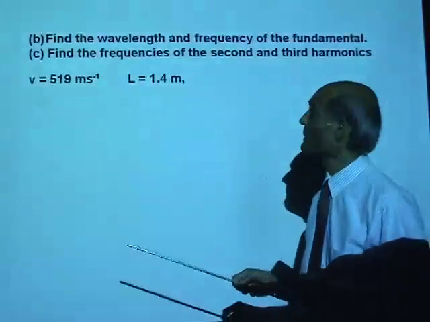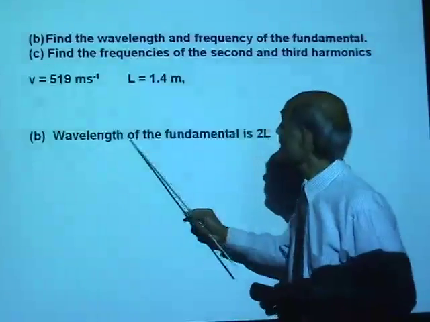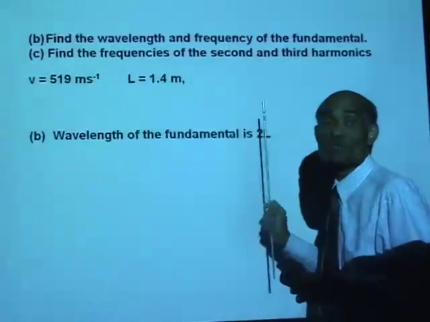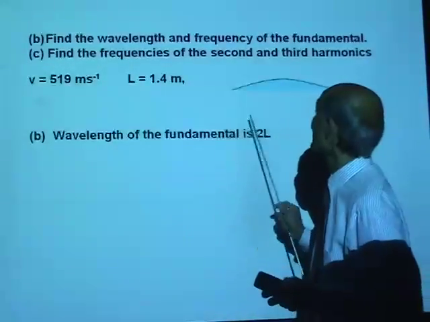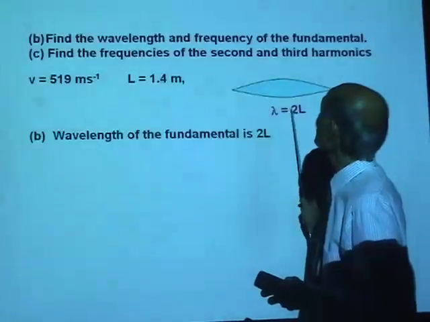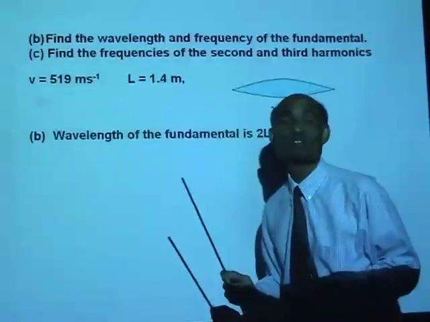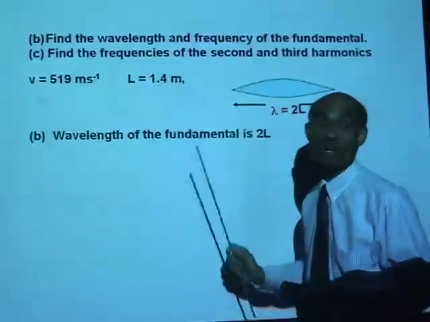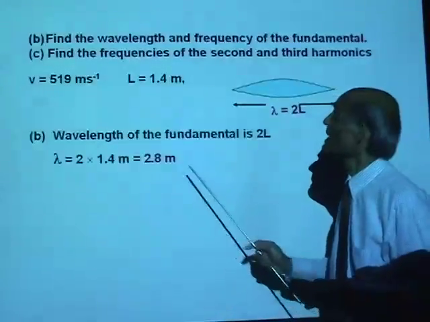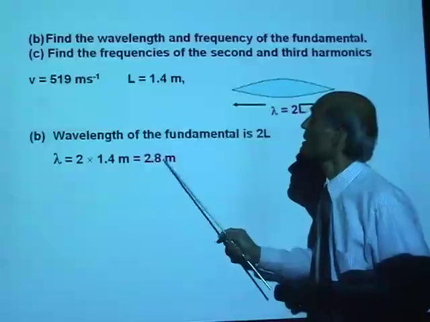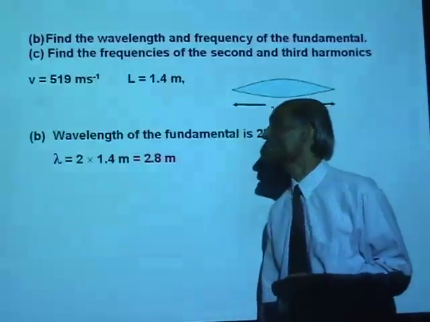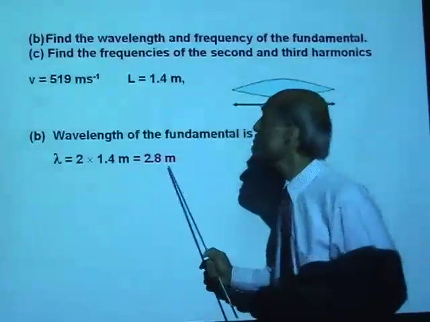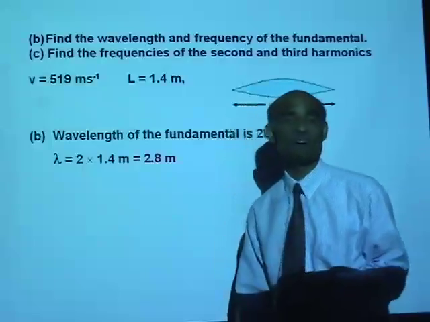Alright, let's write down that. The wavelength of the fundamental is 2 times the length of the string. Therefore that will be 2 times 1.4 meter, which is 2.8 meter, the wavelength of that wave.